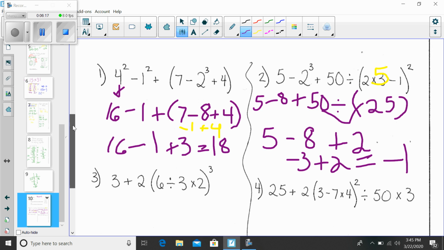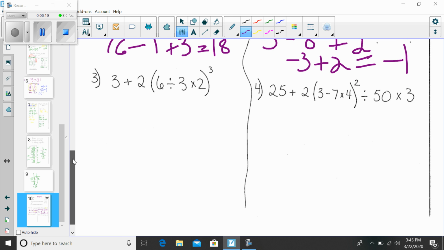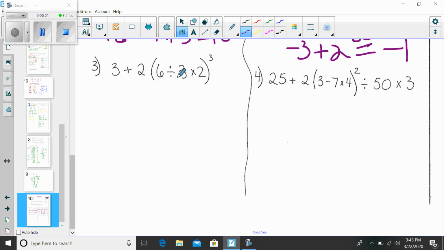For problem 3, let's say I'm going to start here in the parentheses. Well, I have multiplying and dividing, so I have to go left to right. I have to start here. So I'm going to copy everything else down and do this first step. Right, that would be 2 times 2 is 4.